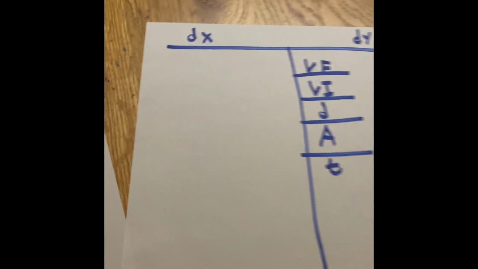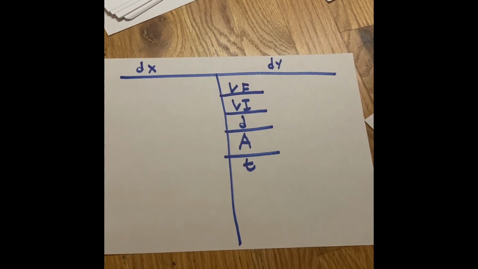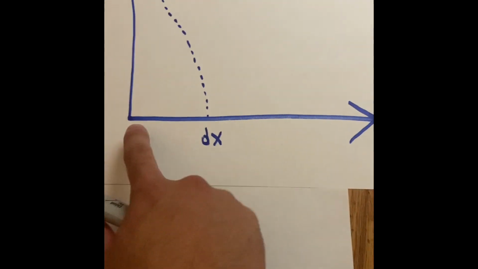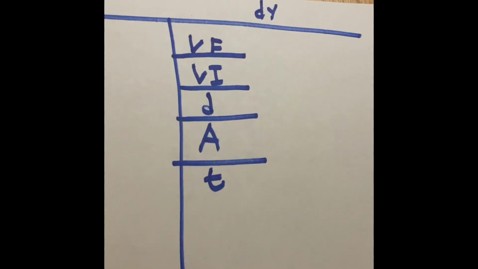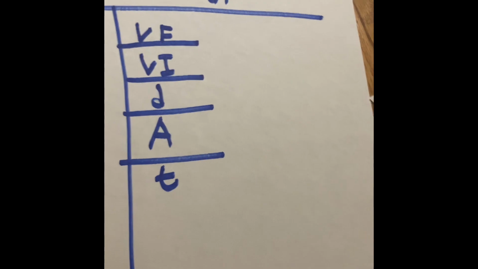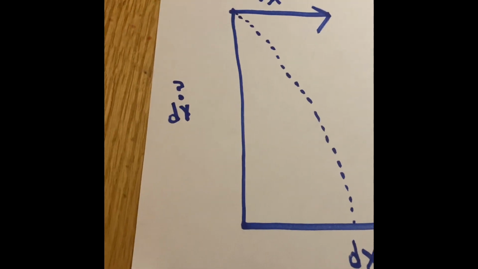So we have a table here. We have a dx, which measures the distance on the horizontal x-axis, and a dy, which has a table inside that table too, which we want to understand because we have no idea what our dy is, the distance on the height of the vertical axis.